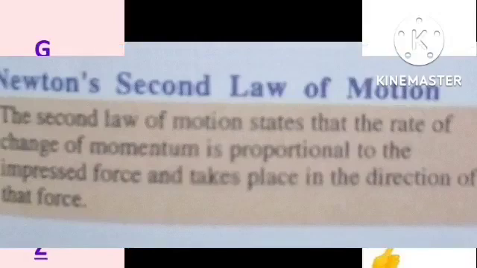In Newton's second law of motion, we have that the rate of change of momentum is proportional to the impressed force and takes place in the direction of that force. Newton's second law is a special law because it has statements and also a mathematical representation.